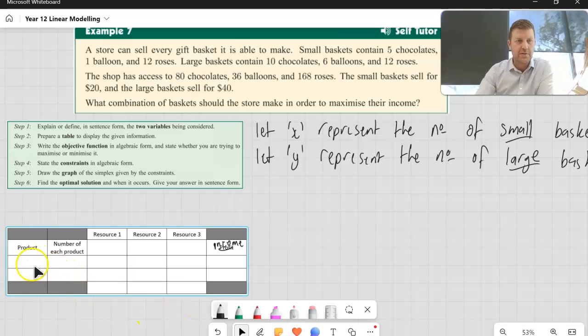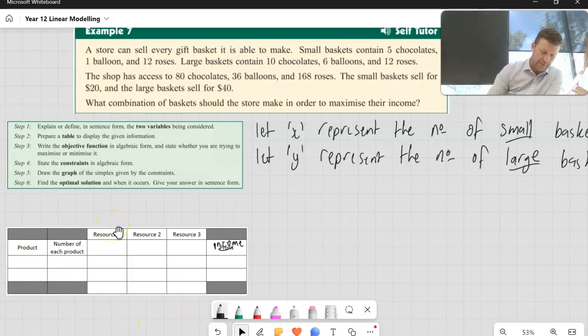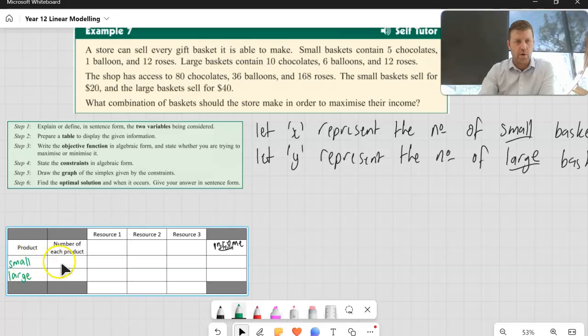So the first column there is the product. The first product is the small basket, and the second product is the large basket. The number of each product, small, is represented by the variable X, and large is represented by the variable Y. Now, the first resource that they're competing for is chocolates.